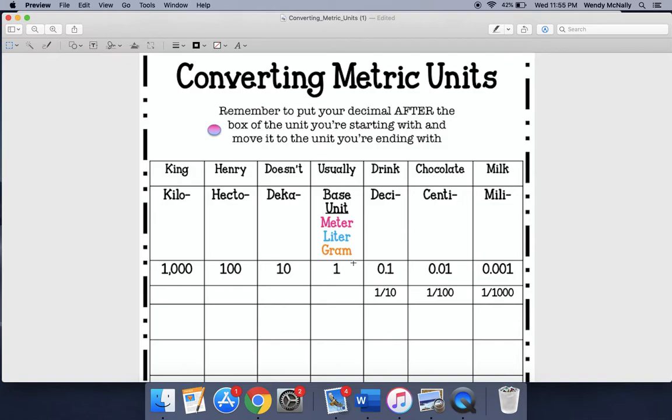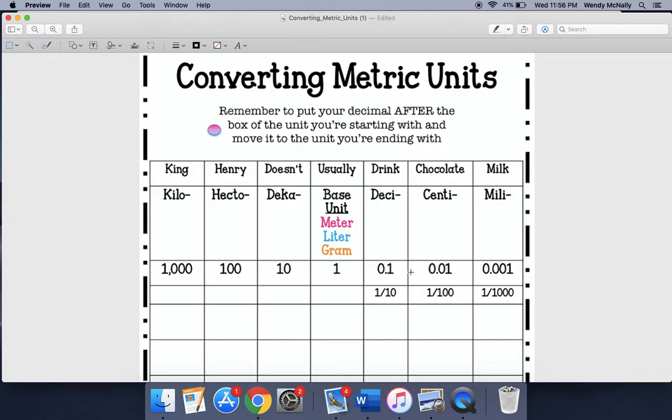Now, think of those like the ones place. This is technically like the ones place, and then you have the tens place, hundreds, and thousands place. So this ones place is going to be 1 meter, 1 liter, and 1 gram. Now, when you think of a number, boys and girls, you may not realize it, but every whole number has a decimal at the end of it, and after it is where the following pieces go.